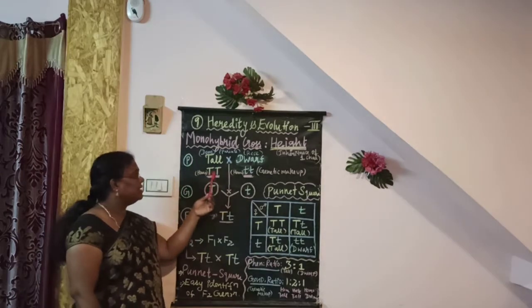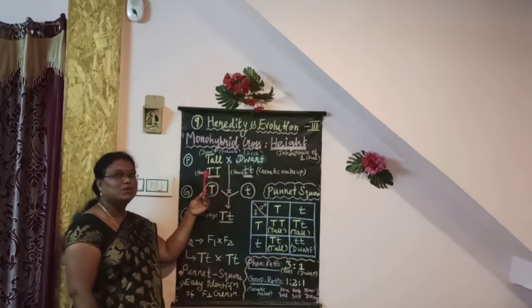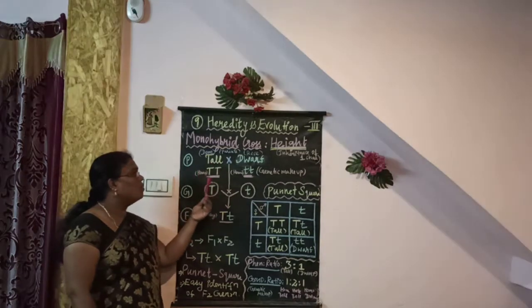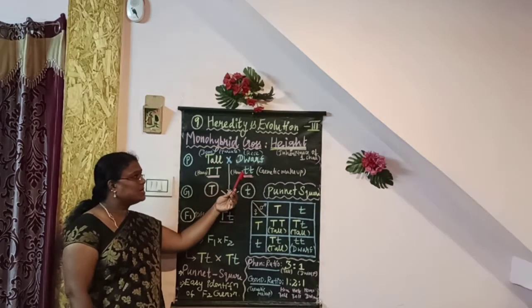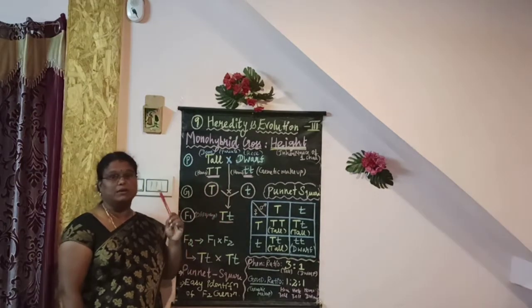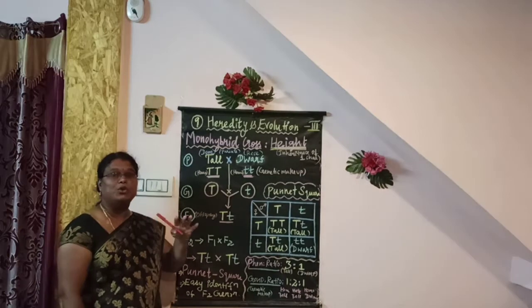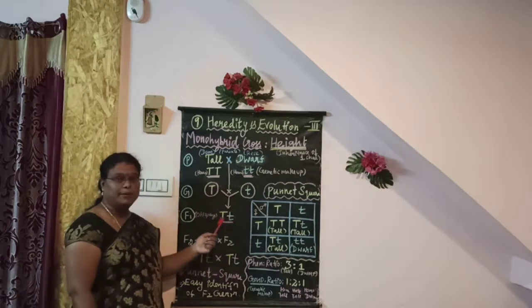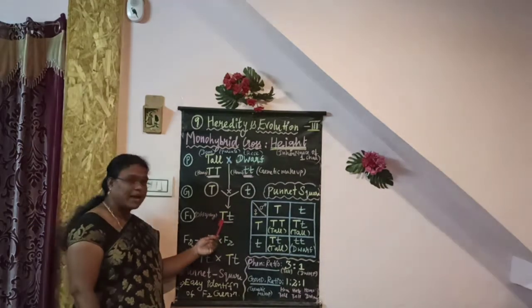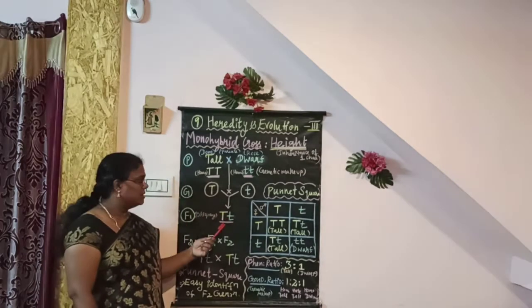See here, both are capital T, capital T. So this is called homozygous tall. And heterozygous means two different genetic makeups. The allele traits will have two different genetic makeups. Hetero means different. See, this is a heterozygous trait, two different. One is capital T, another is small t.